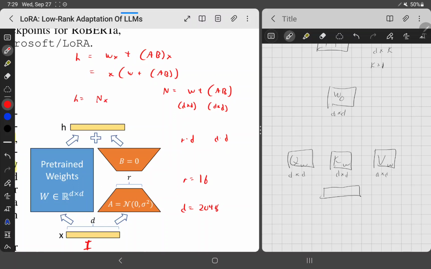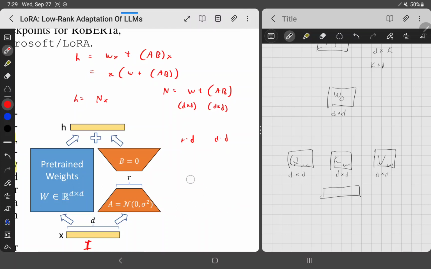So you have this matrix here that doesn't store up any extra memory because you can combine them together, and it doesn't take up any extra computational cost after you're done training it. So literally, it's perfect. It's beautiful. But that's LoRA. It's pretty simple.